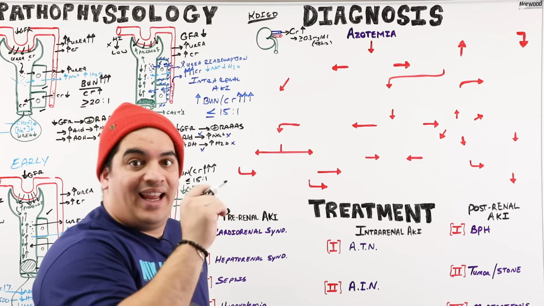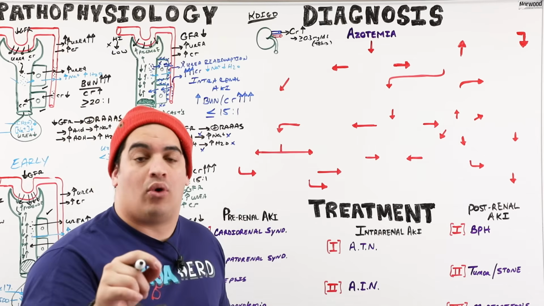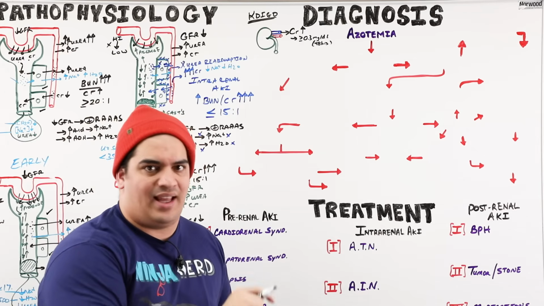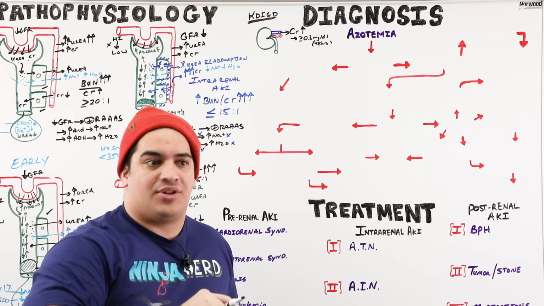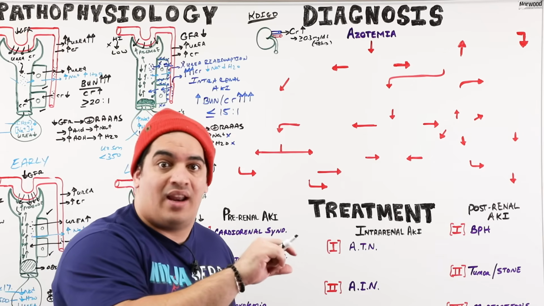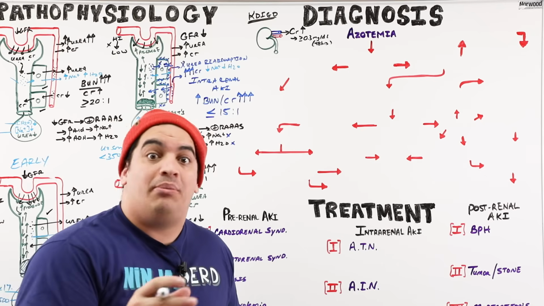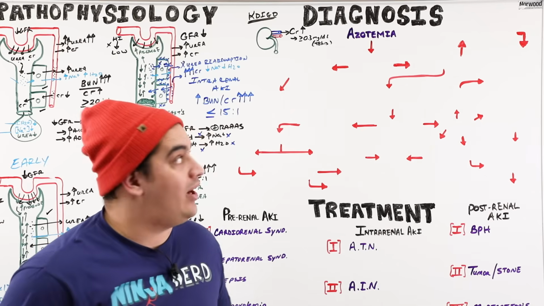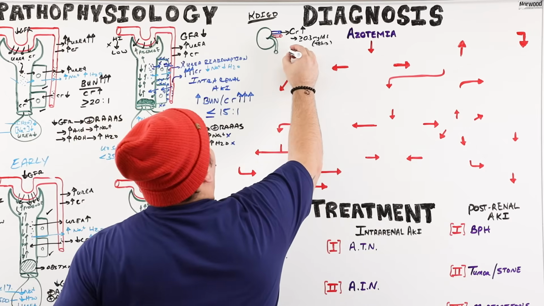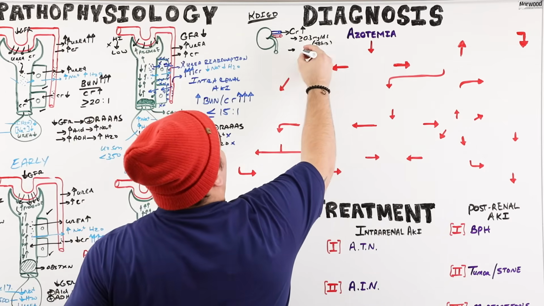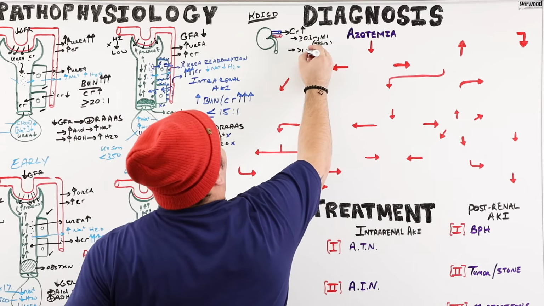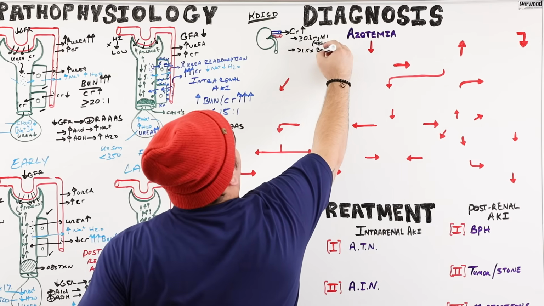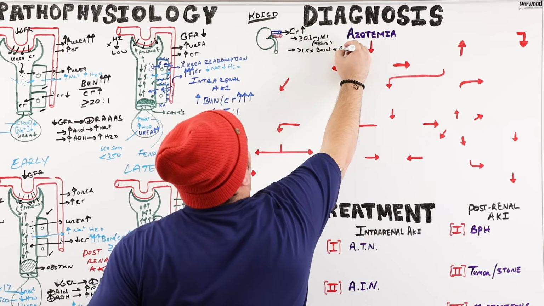So if we see an increase of 0.3 or more milligrams per dL of their creatinine, let's say they came into the hospital 2 days ago, it was 1.0 and now it's 1.3, that could be a sign of an AKI, an early stage, right? Or we know what their baseline is, and it's greater than 1.5 times their baseline creatinine.